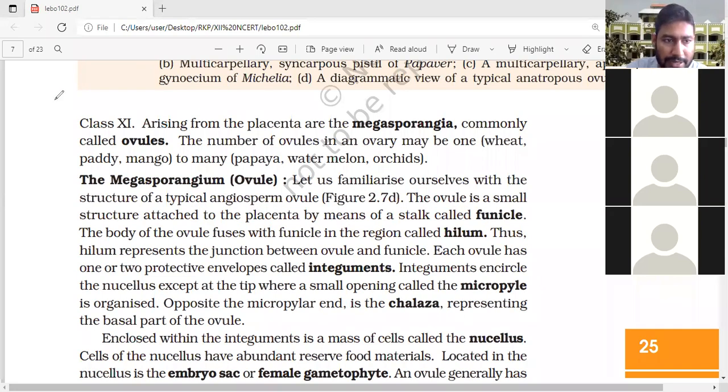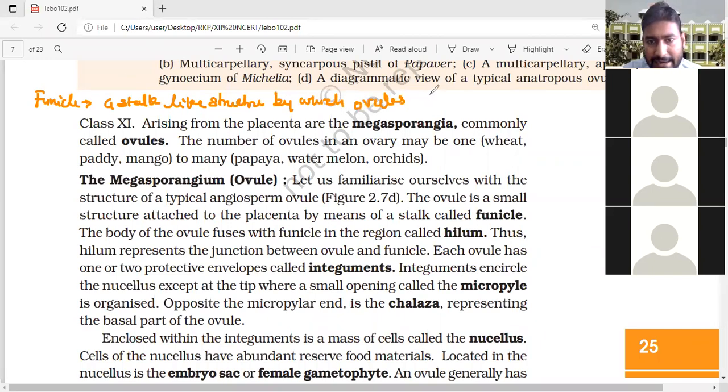Funicle is a stalk-like structure by which ovules get attached to the placenta. That is called funicle. So here again, the structure attached to the placenta by means of a stalk is called funicle.